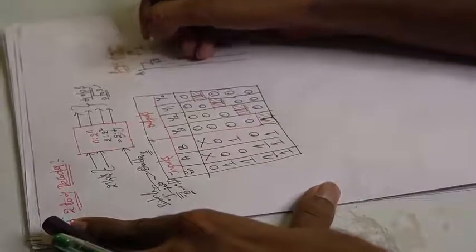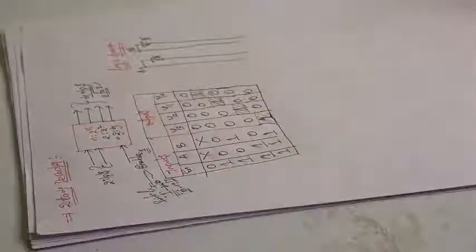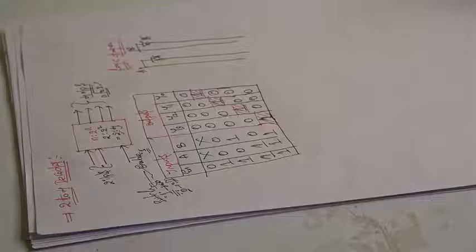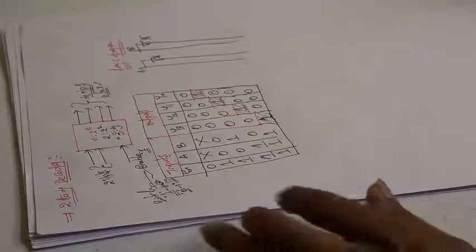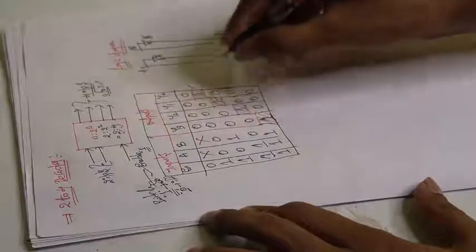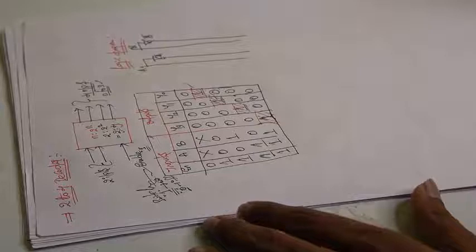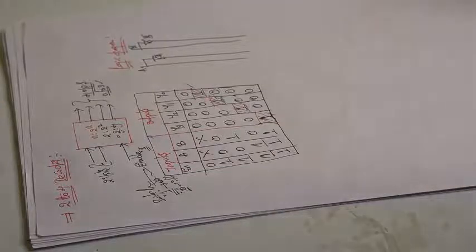This will be the B, and this will become the B bar. Now if you want to apply the K-map here for Y0 case, Y1 case, Y2 case, SOP forms, that process will take so long. Now I will tell you one shortcut method for this.